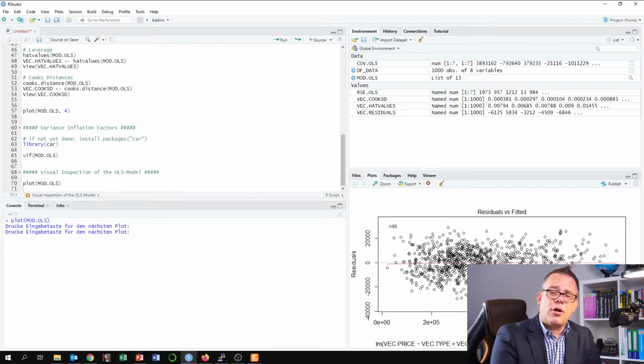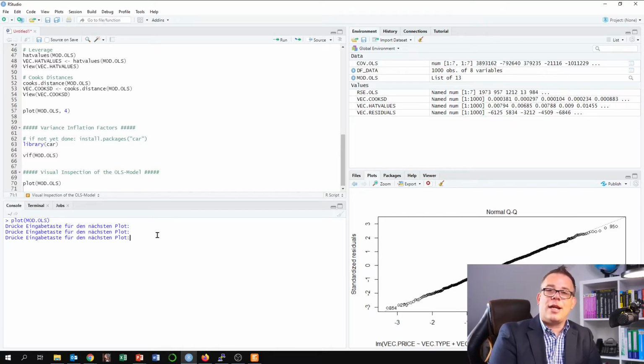We would have a problem if we would have some kind of triangle pointing to the left or triangle pointing to the right. But we don't have it here, so they are beautifully distributed with quite a constant variance. So we don't have a heteroscedasticity problem here. Beautiful graph. Nevertheless, we are again asked to press enter.